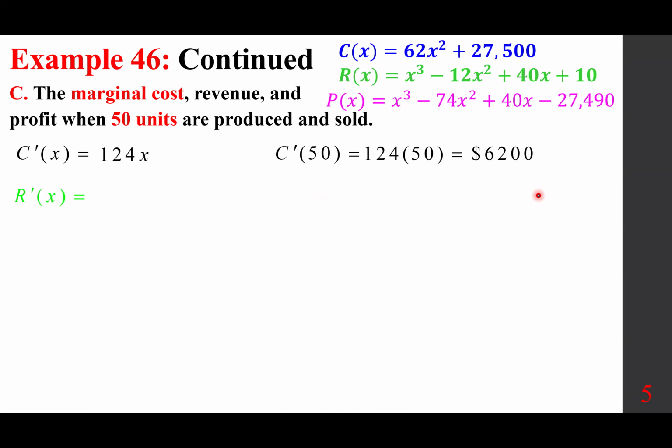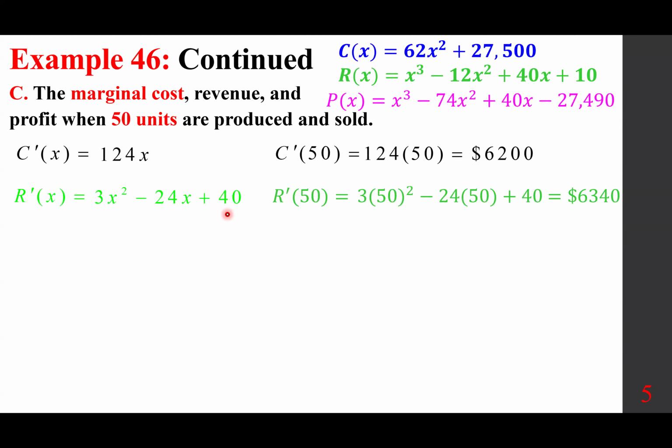R prime of x, differentiate this, you get 3x squared minus 24x plus 40, and now plug in 50. 3 times 50 squared minus 24 times 50 plus 40, and putting it in the calculator gives us 6340.